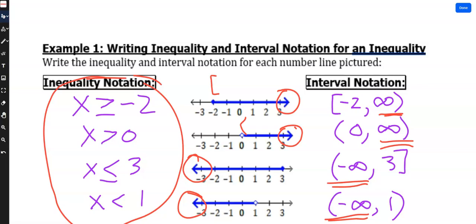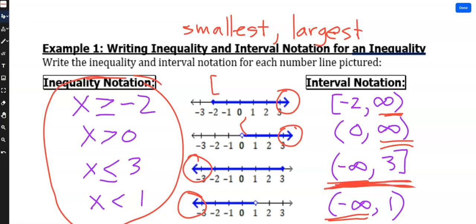infinity or negative infinity. And I want you to always get in mind, smallest on the left, largest on the right, every single time. Smallest on the left, largest on the right. So negative infinity is actually smaller than 3. It's also smaller than positive 1. So that's why on these intervals right here, you have negative infinity, 3 and negative infinity, 1.